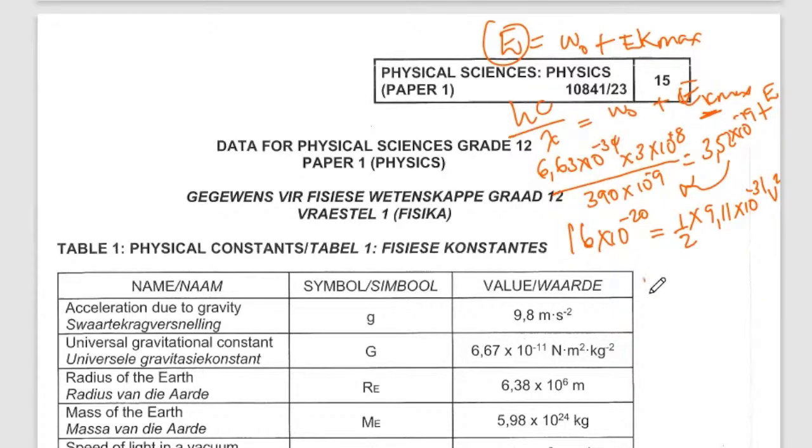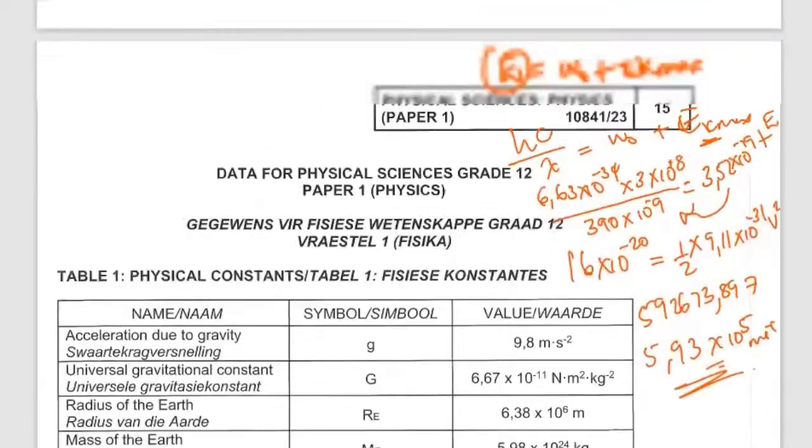So it's 5.9 times 10 to the 5. That's what I'm getting without the rounding off. If you round off, you must get a slightly smaller or slightly bigger answer.